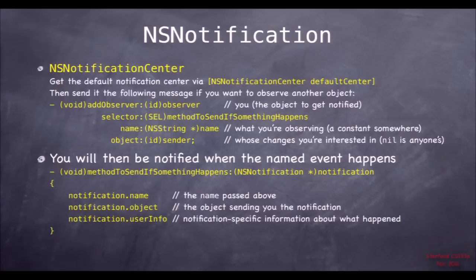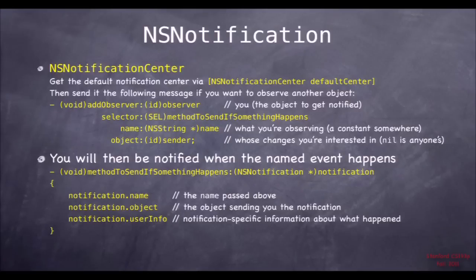That's the same as the object above, unless you specified nil, in which case whichever object ended up actually sending you something, this will be that object. This won't be nil. And then userInfo is just an id. It could be anything, and it's up to the person who broadcasts on that radio station to tell you what it's going to be. And we'll see an example in a couple slides of what that thing can be.